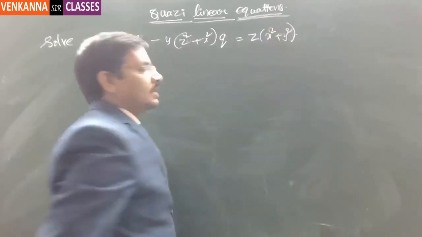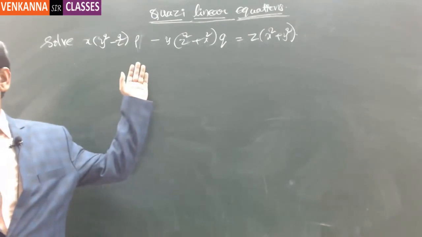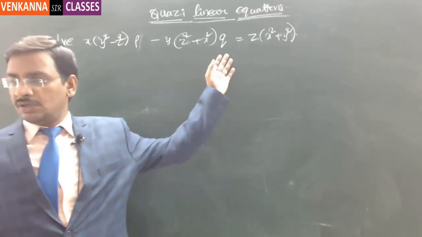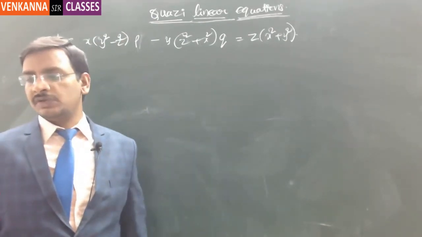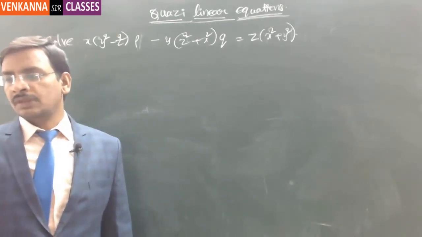So can you solve this quasi-linear equation? x into y square minus z square into P minus y into z square plus x square into Q is equal to z into x square plus y square. Can I solve this?